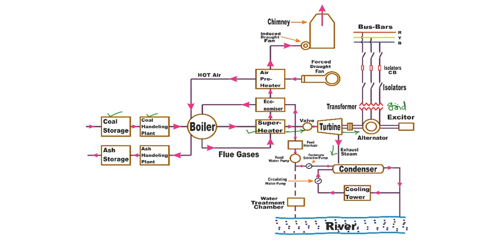Thus, the condensed steam, that means water, is supplied to the low pressure water heater, which increases the temperature of the cold water. This is again heated in the high pressure heater. The cooling tower is provided to condense the steam into water.